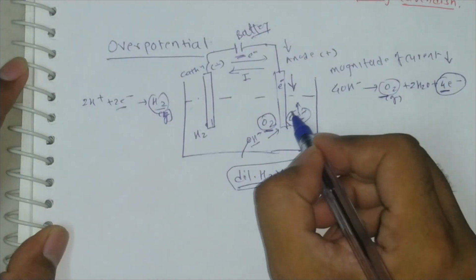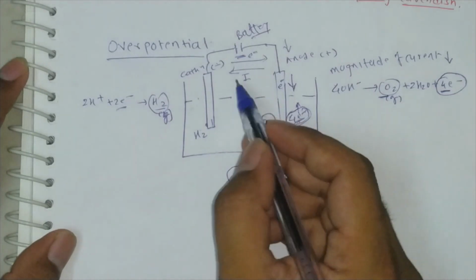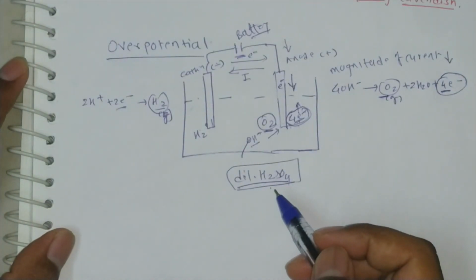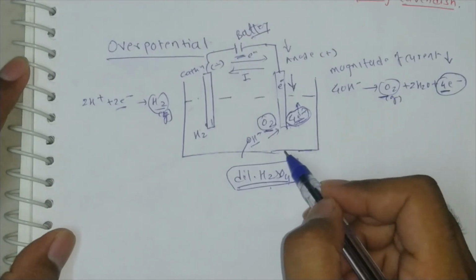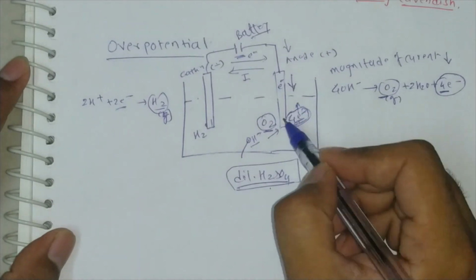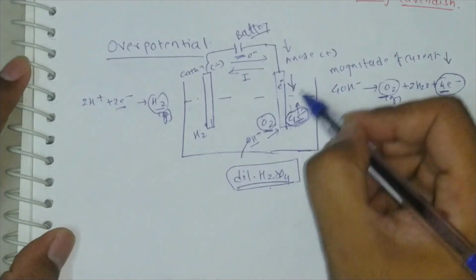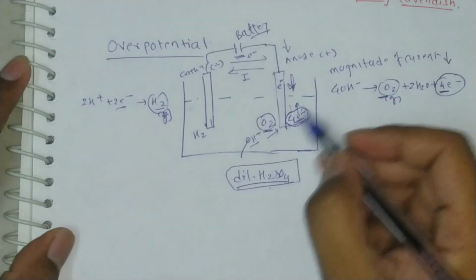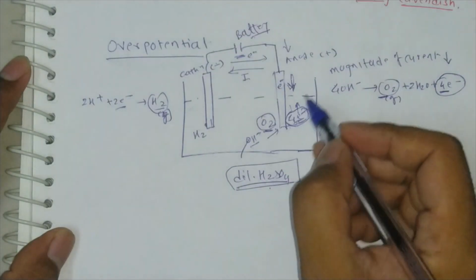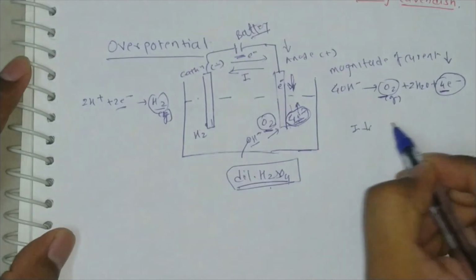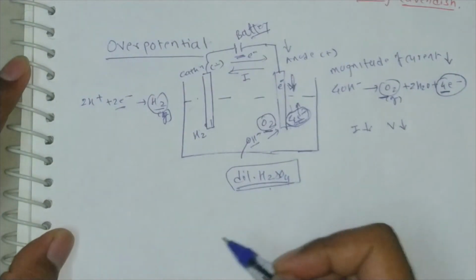If these electrons were not generated, the magnitude of current would be the same as given by the battery. But since these electrons are generated here due to the formation of oxygen gas, their flow opposes the other electrons' flow. So the magnitude of current decreases. Due to the decrease in I, the voltage or potential also decreases. So the potential of the battery also gets decreased.